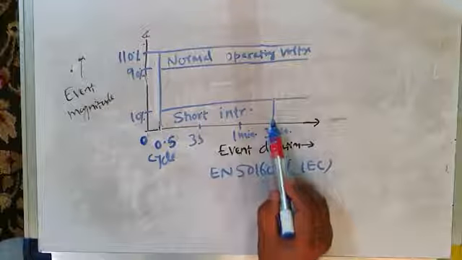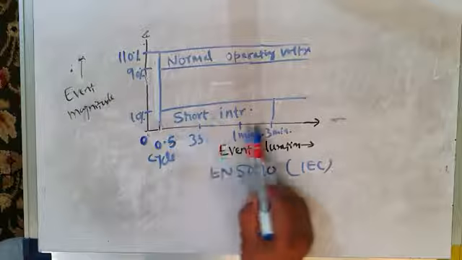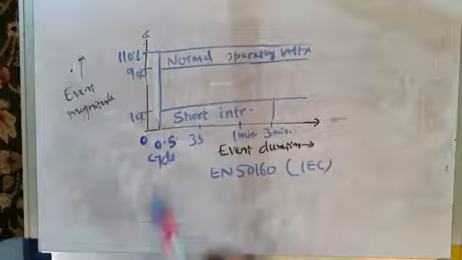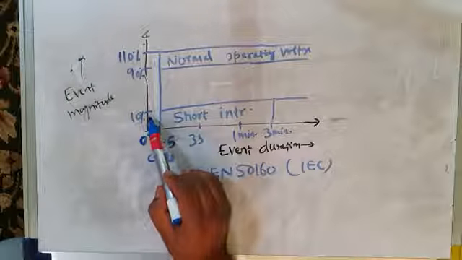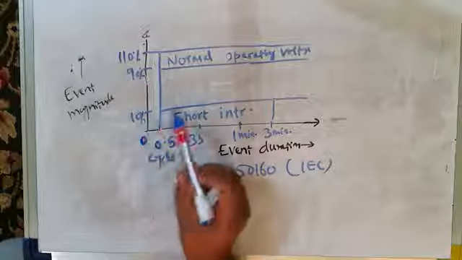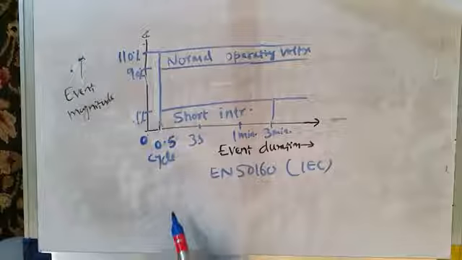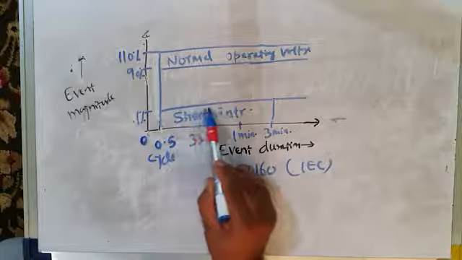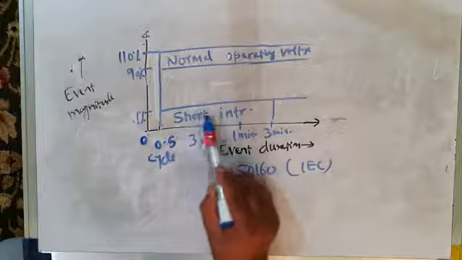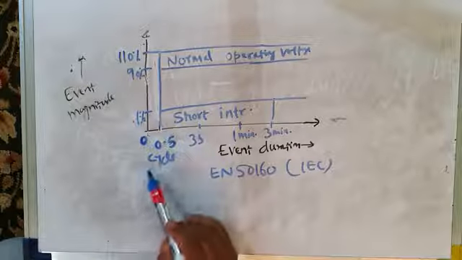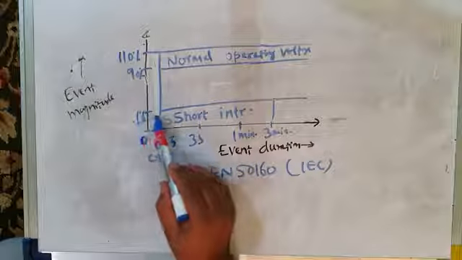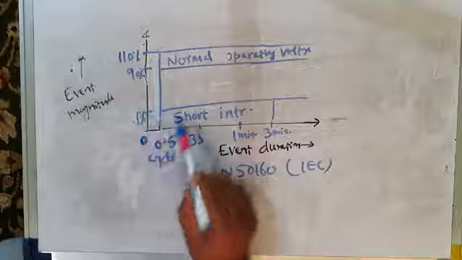I mean, it can last up to 3 minutes. And in the short interruption, the magnitude may go less than, sorry, this is not 10%, this is 1%, less than 1%. Magnitude of the voltage at supply terminals goes to as low as less than 1%.